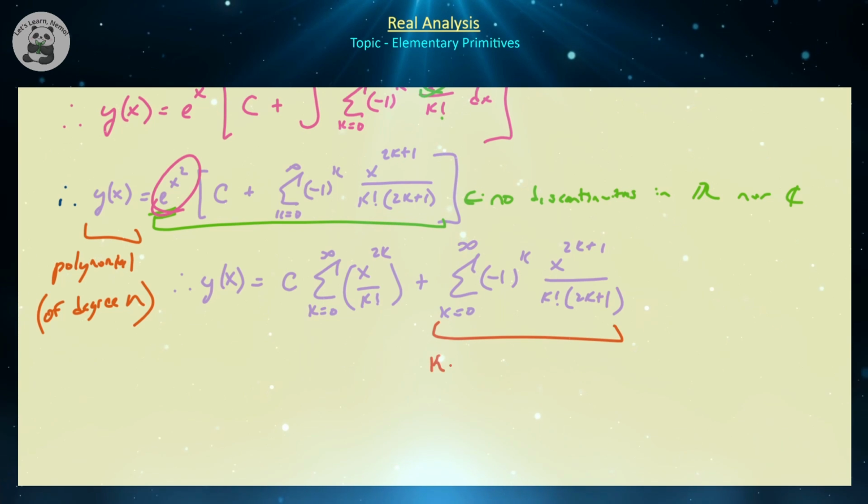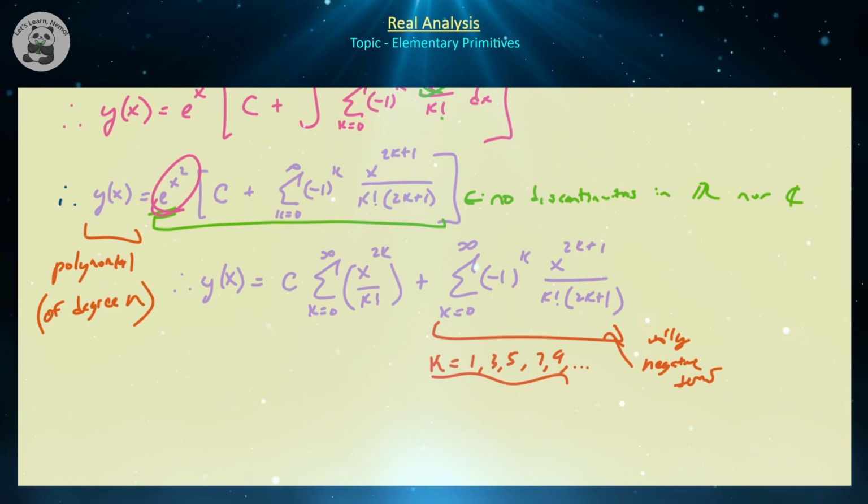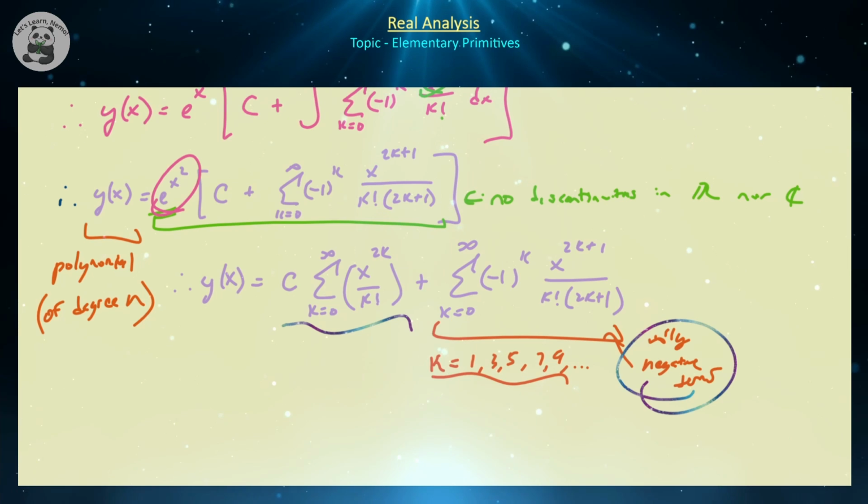Notice that when k is equal to 1, 3, 5, 7, 9, all the odd integers, this term will be negative. In particular, there are infinitely many negative terms here once I look at the odd indices. Right? Let's give this the benefit of the doubt that y is indeed a polynomial. If that is the case, these negative terms must cancel with these positive terms, at least infinitely many of them, because keep in mind, we need a finite degree here.